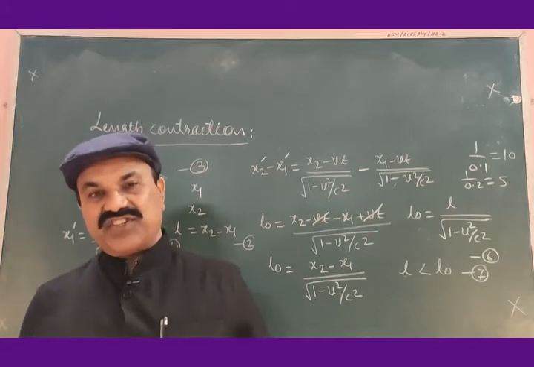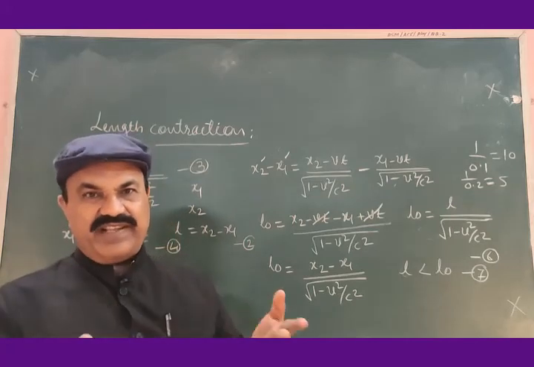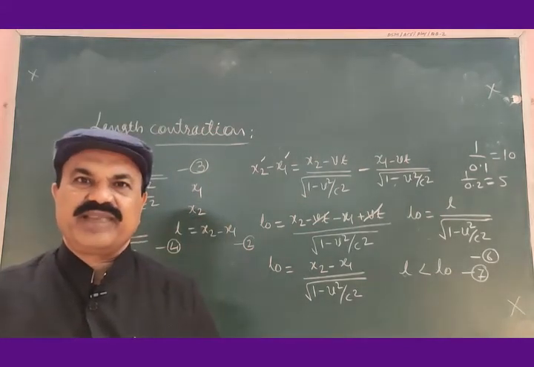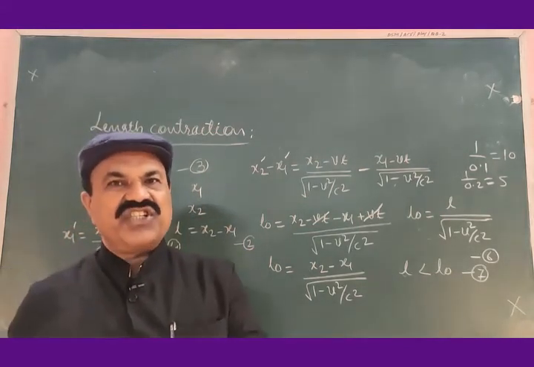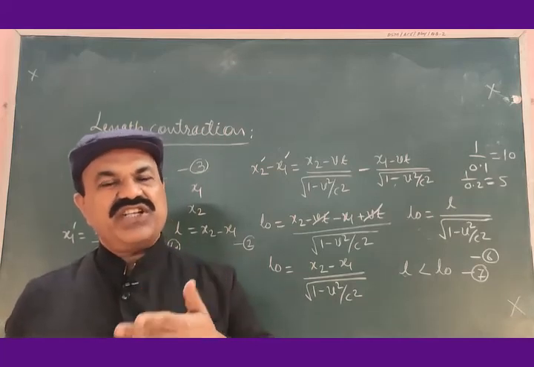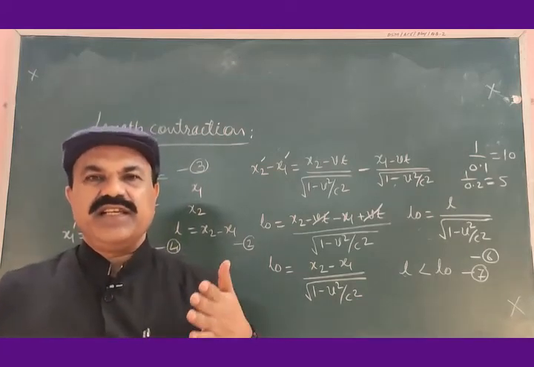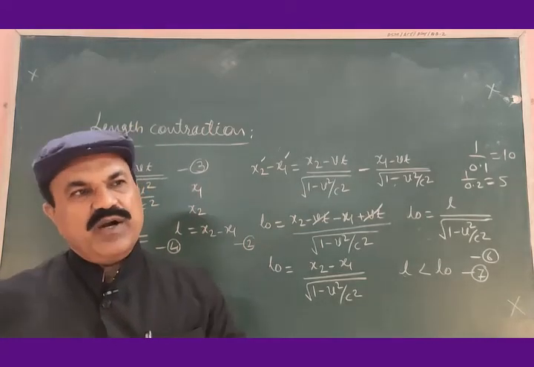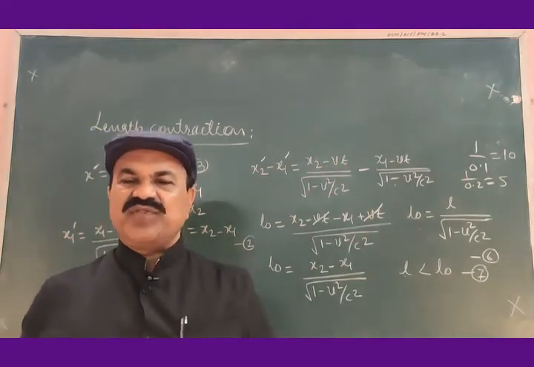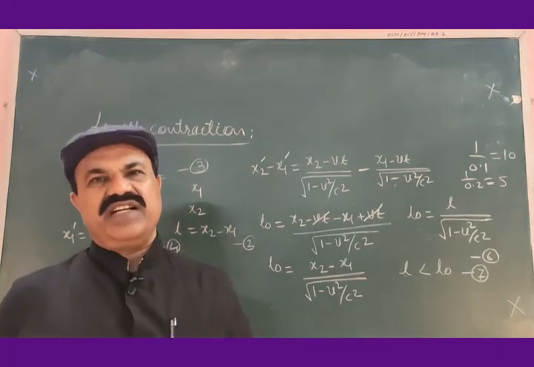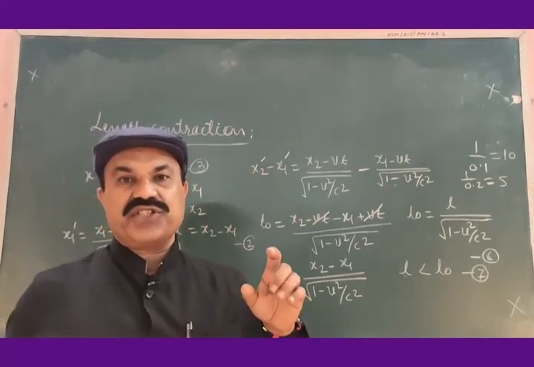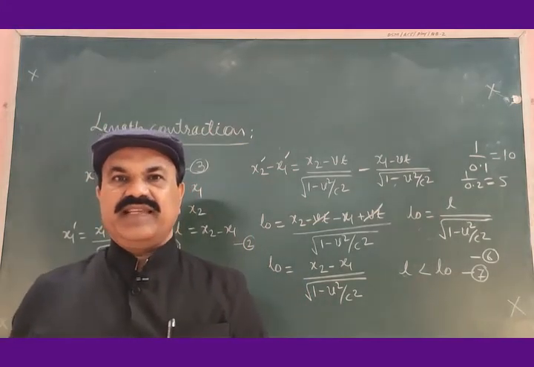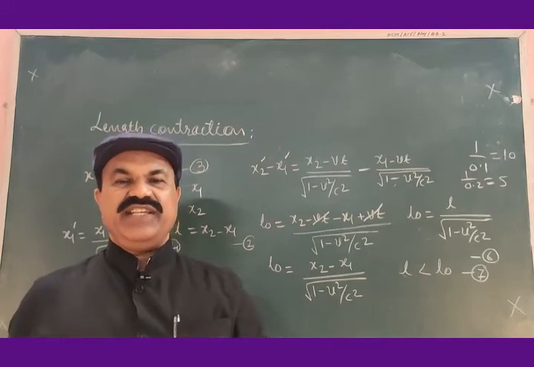But if a stationary observer is observing any object moving away from it, the stationary observer finds that the length of the object moving away is decreasing continuously. This is a phenomenon of relativity.